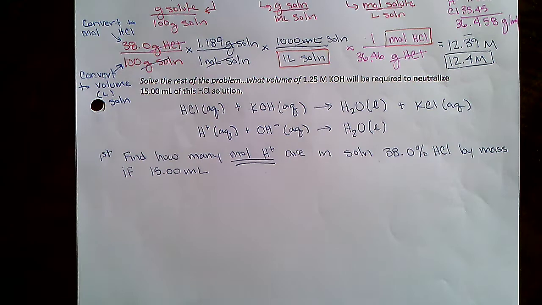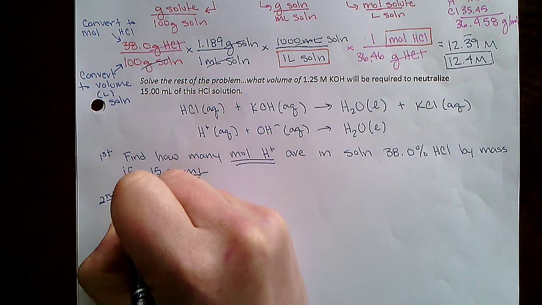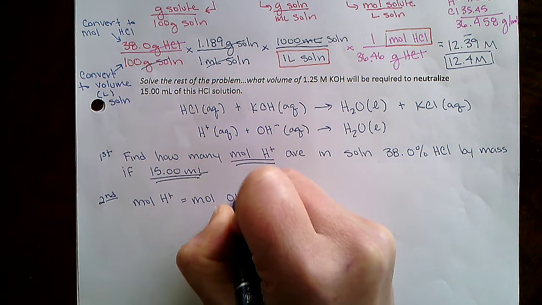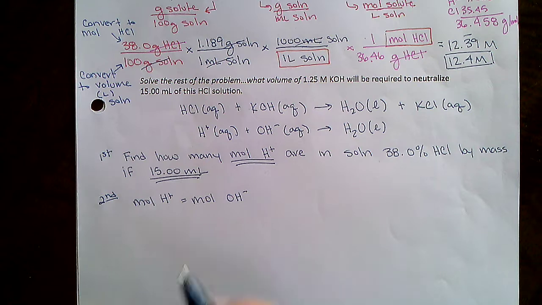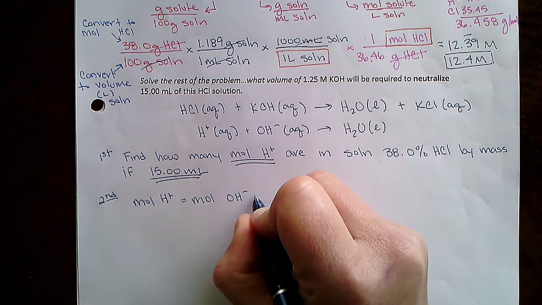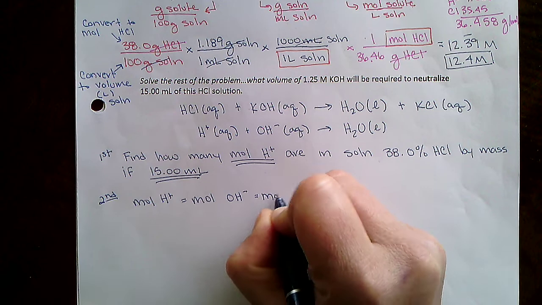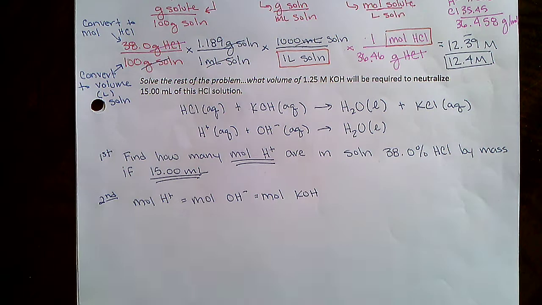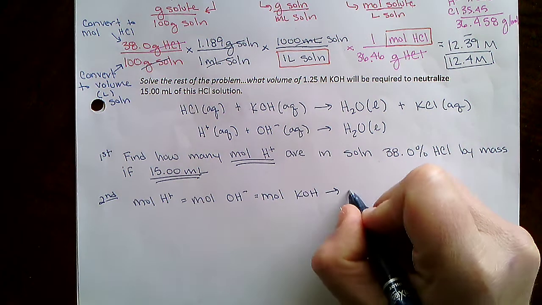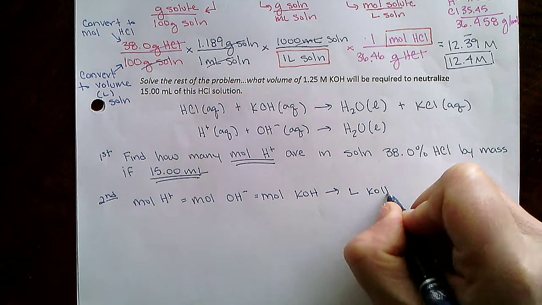So in 15 milliliters, those are the two kind of big pieces of information. If we knew how many moles of H plus we had, then we would know that moles of H plus are going to equal moles of OH minus, since this is neutralization. And since there's 1 OH for every 1 KOH, that's going to tell you how many moles of KOH you need. And we can use molarity as a conversion factor to then convert to liters of KOH. Okay?